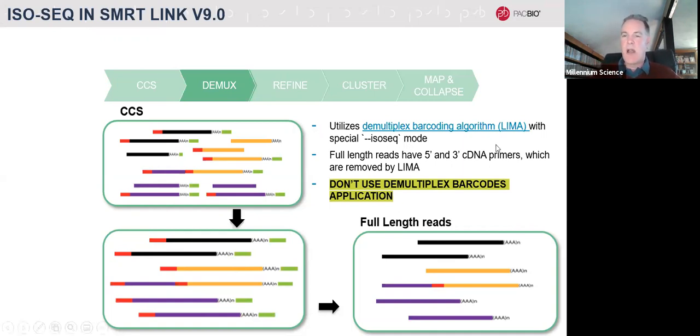It's important to note that you should in the ISO-SEQ pipeline demultiplex with an algorithm from Lima, which has a special ISO-SEQ mode for it, and it will sort out the 5' and 3' primers and remove those. Don't use other demultiplexing applications because they may well not be able to do a very good job or chop off bits of the sequence that you need. So it's important to use the Lima algorithm when you're demultiplexing for ISO-SEQ.